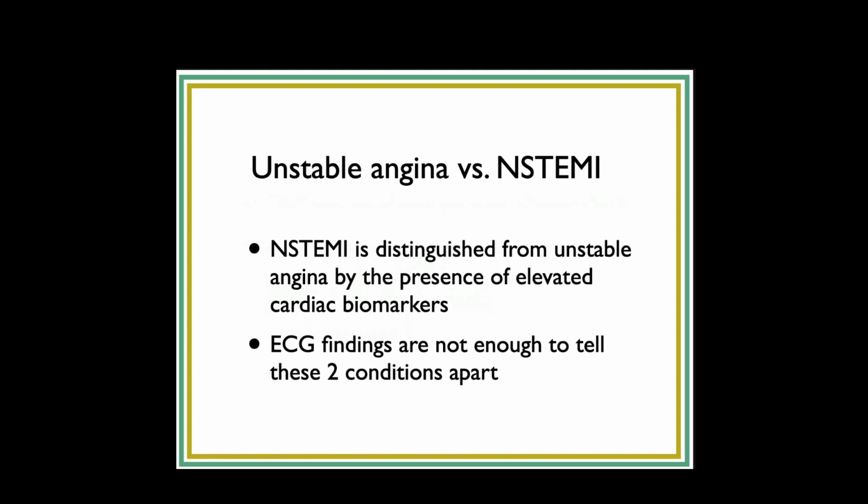The most you can say is, this is non-ST elevation ACS. If that's too big a mouthful for you, you can also say possible NSTEMI. But if you want to be precise, don't say you're coming in with a patient who has an NSTEMI, because you can't tell for sure, okay?